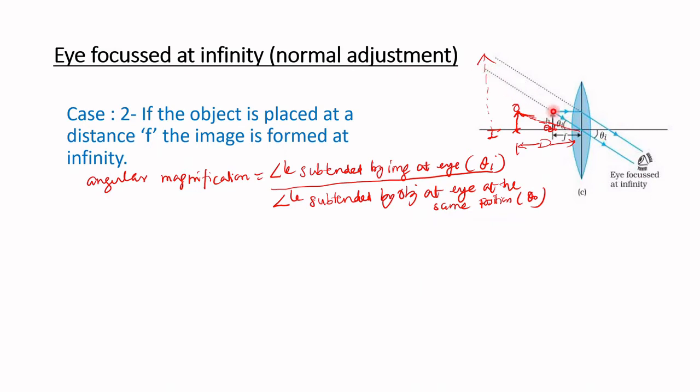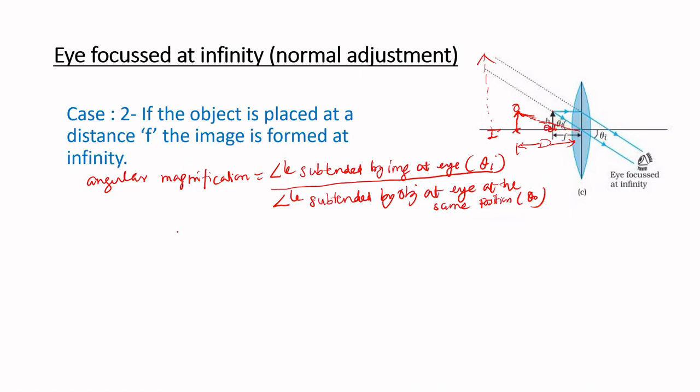You can see the parallel rays coming in. The image will be formed at infinity. This image line also makes an angle with the lens, theta I.